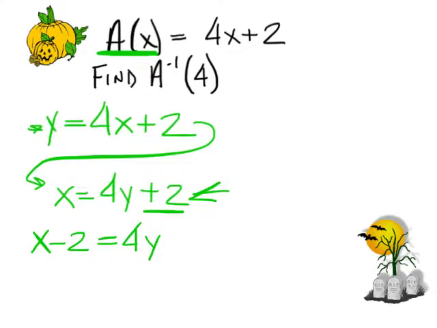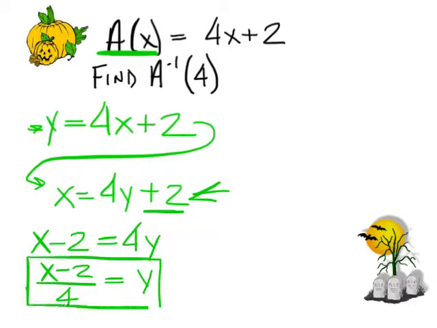What do I do to both sides to get y by itself? Divide by what? Which number? What am I dividing both sides by? 4. So x minus 2 over 4 equals y, because the 4 would have canceled out on the right. This is the inverse.